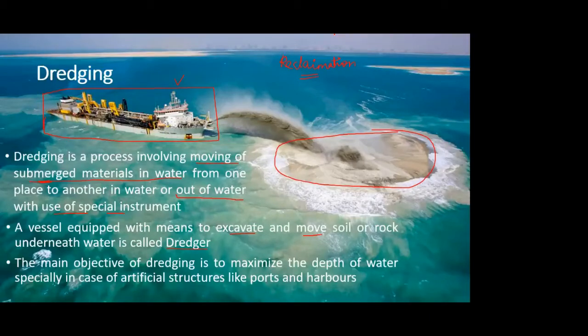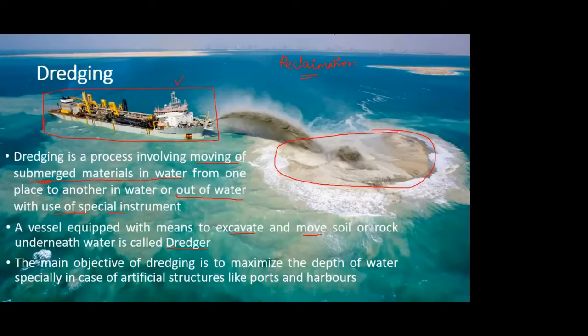One more application of dredging: you might have heard of dams. Dams are man-made structures. We are obstructing the flow of the river, and when we obstruct the flow, the river water comes to almost a standstill, and whatever sediment it is carrying, it deposits in the reservoir, not the dam.